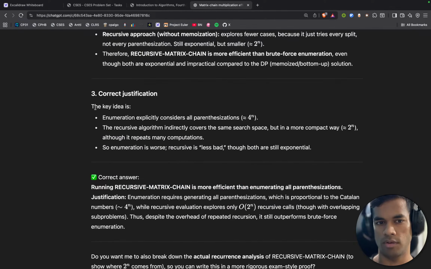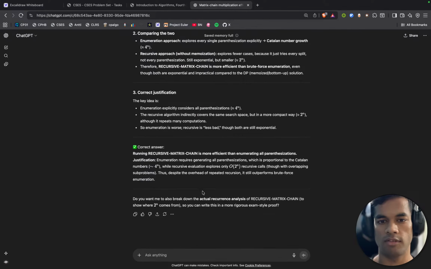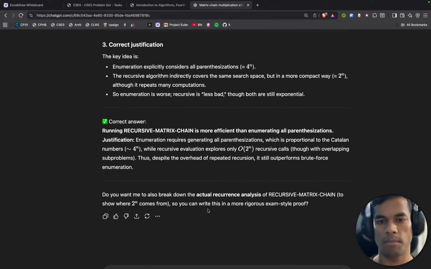The key idea: enumeration explicitly considers all parenthesizations, and recursion indirectly covers the same search space but in a more compact way. How can you search the same search space, which is supposedly 4 power n, in a more compact manner? So enumeration is worse because the sample space is higher.